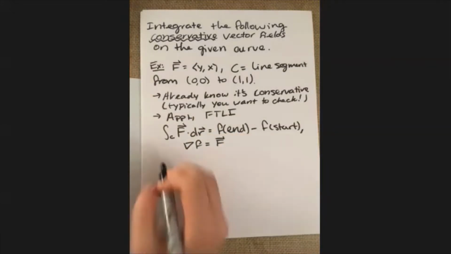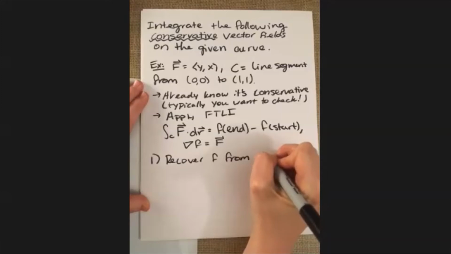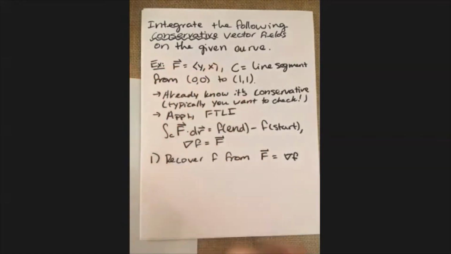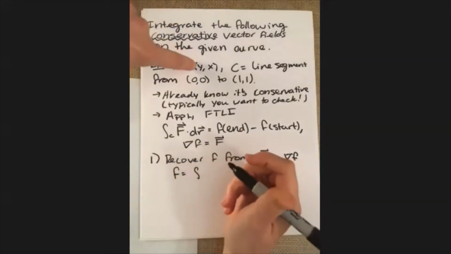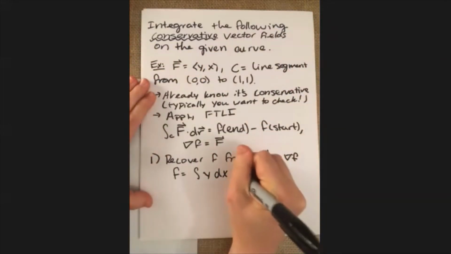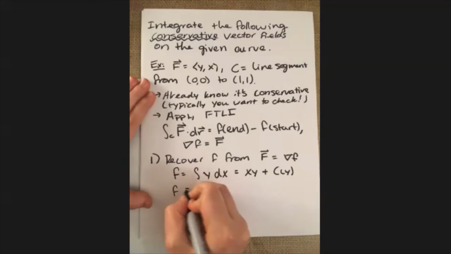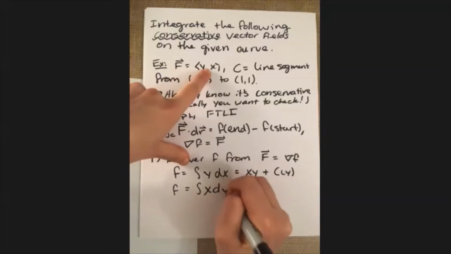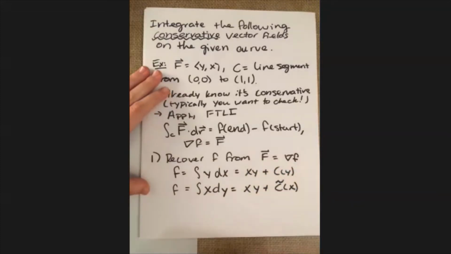So step 1, recover f. And so we're looking at this right here, and to recover f from its gradients, we note that f has to be equal to the integral of the partial derivative with respect to x of f, so it's going to be y dx, and that's just equal to xy, and then it's plus some unknown function in terms of y, and then f also has to be equal to the integral of, now it's the y partial derivative, so x dy, which is also just equal to xy plus some unknown function in terms of x.